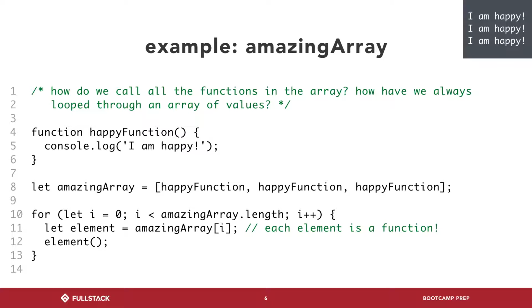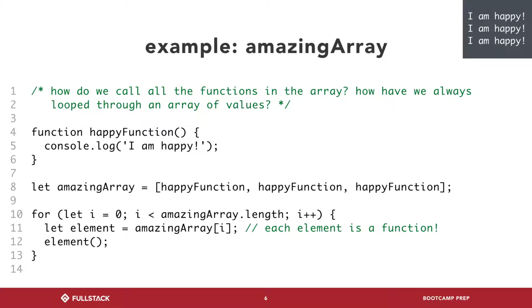And notice how on line 12, once we have access to each element, we say element and we use the open and close parentheses, which means we're invoking the element variable. Well, what's element pointing to? Element at this point becomes a placeholder for this function, right? So if element is the same thing as this function, when we invoke element, we're basically invoking happy function.